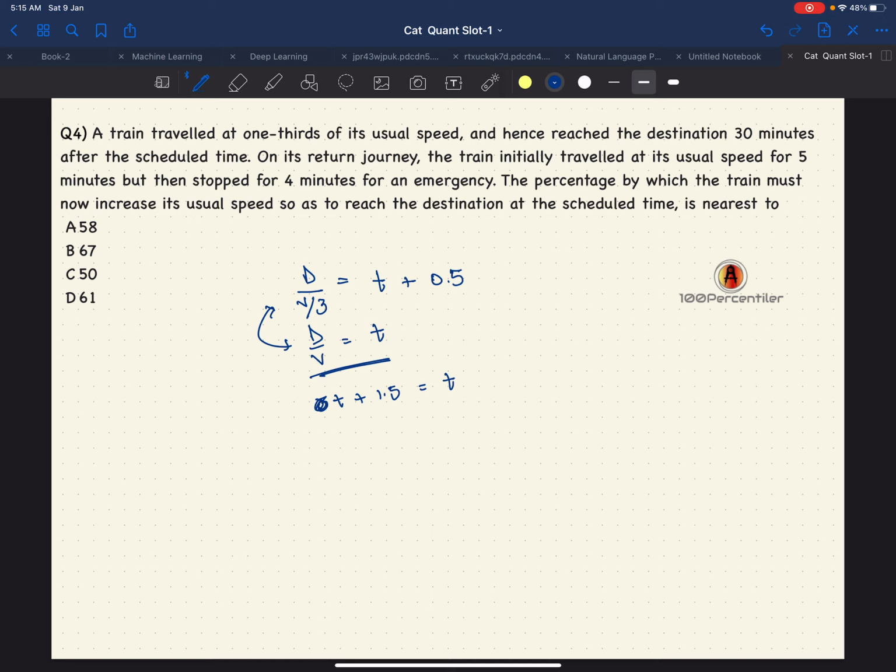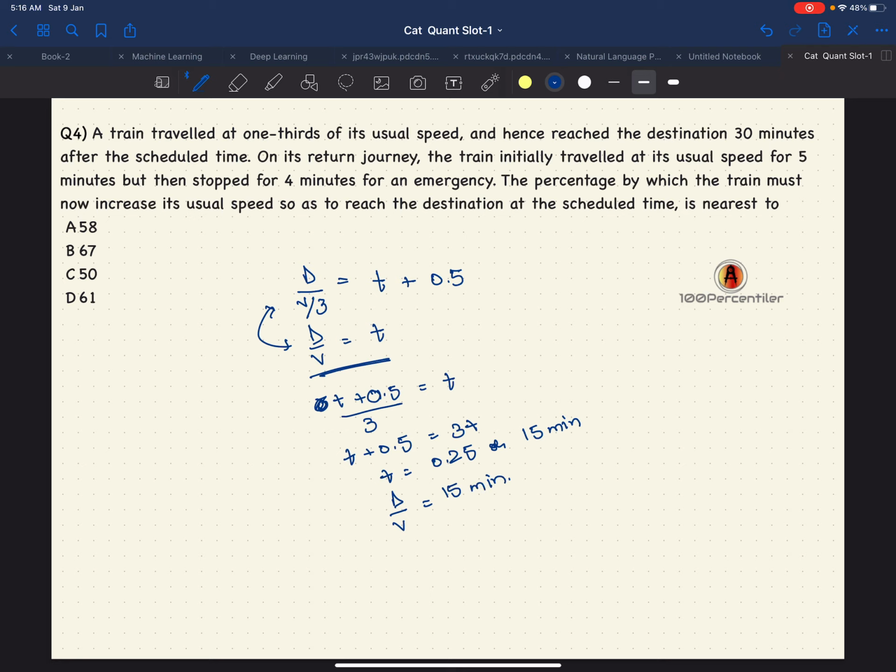That's actually 3 times (t plus 0.5) equal to t. So t plus 0.5 is equal to 3t, and therefore t is equal to 0.25 or 15 minutes. And therefore we know that d upon v is nothing but 15 minutes.